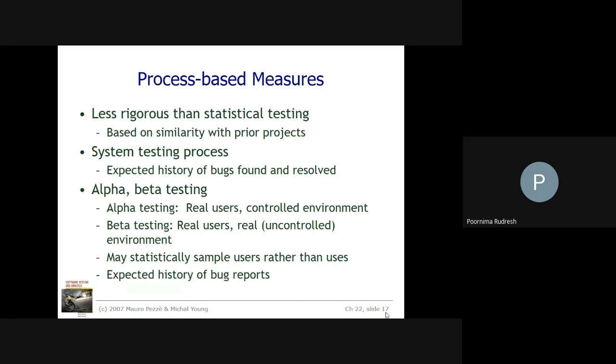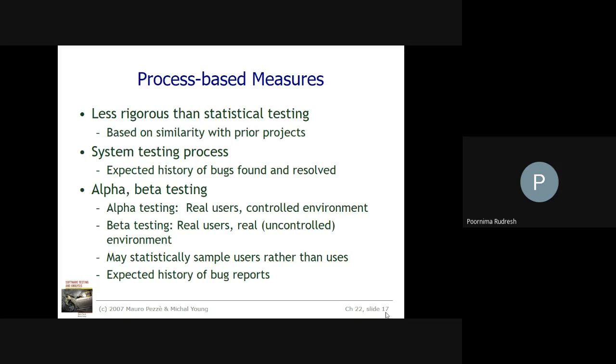Next, we'll move on to the process-based measures. Here, the process-based measures are less rigorous than the statistical testing, because these are based on the similarity with prior projects. And the system testing, as I explained already, expects the history of bugs found and resolved. And we can go for the alpha and beta testing. In the alpha testing, real users and a controlled environment are involved in testing the developed product.